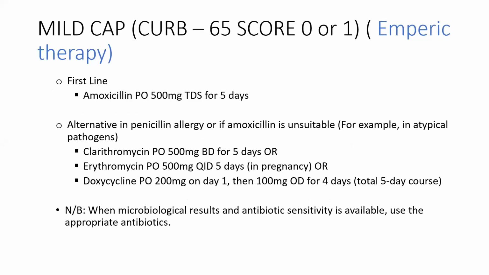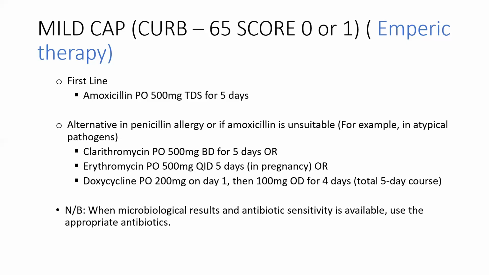Presenters have talked much about the CURB-65 score, so we'll just delve directly into the empiric therapy. We adopted this from the WHO, and we felt it's still the same. I'll share the reasons why. First line, we still maintain amoxicillin TDS for 5 days.